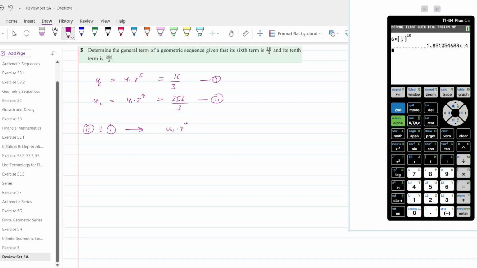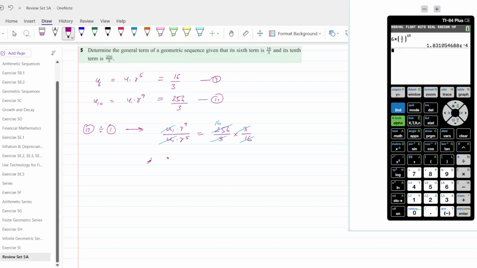u1 times r raised to the power 9 divided by u1 times r raised to the power 5 equals 256 divided by 3 times 3 divided by 16. Now this u1 will cancel this u1, 3 will cancel this 3, 16 will cancel 256 16 times.